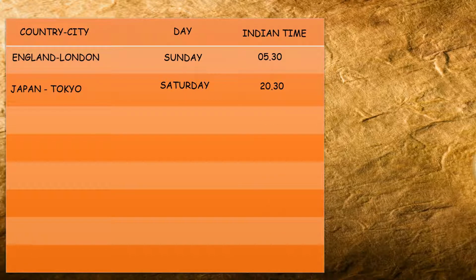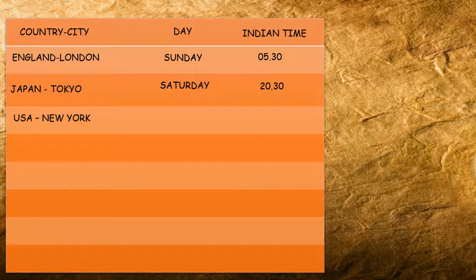So 20:30 hours means Saturday 8:30 p.m. Now students, tell me, had we already finished the New Year that time? No. So when Japan celebrated New Year, it was Saturday evening 8:30 in our country.